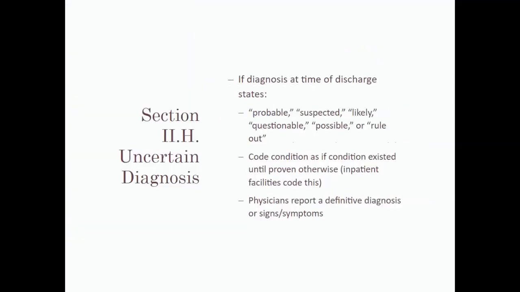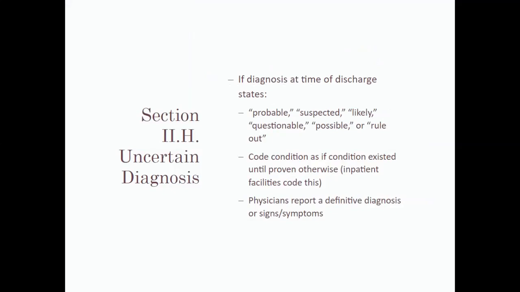Section 2H, uncertain diagnosis. The basis for these guidelines is the diagnostic workup, arrangements for further workup or observation, and initial therapeutic approach that corresponds most closely with the established diagnosis.